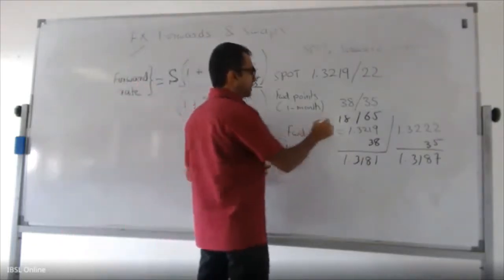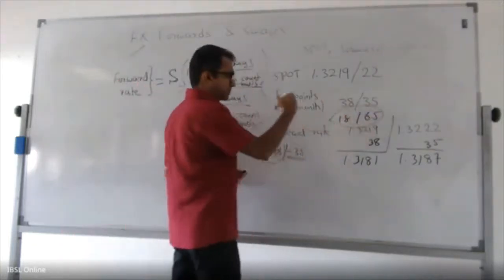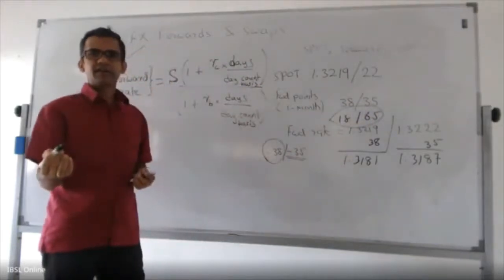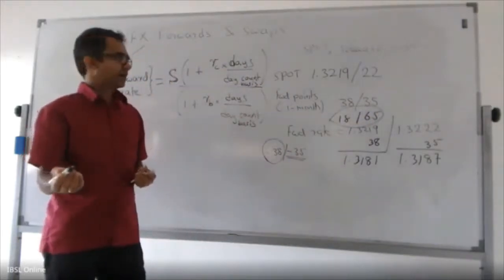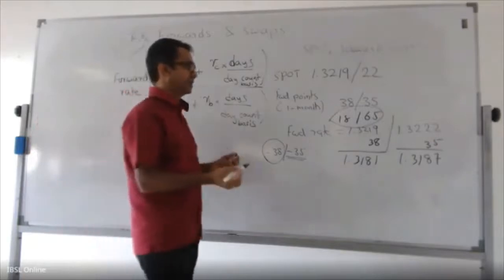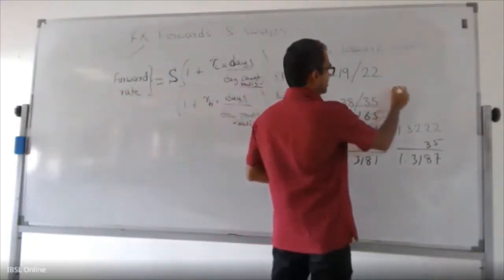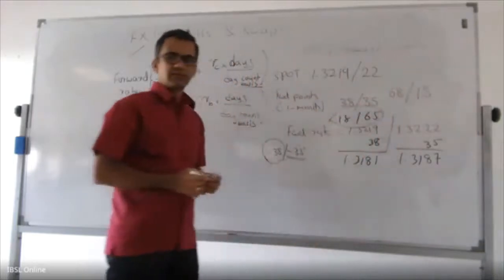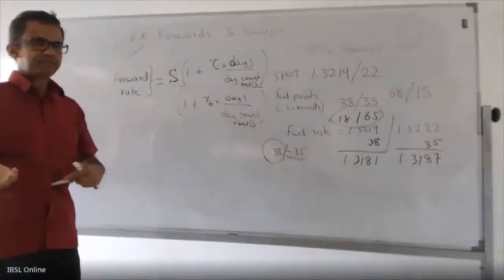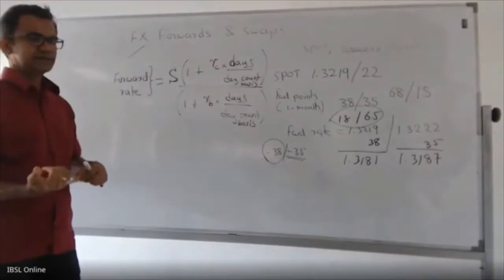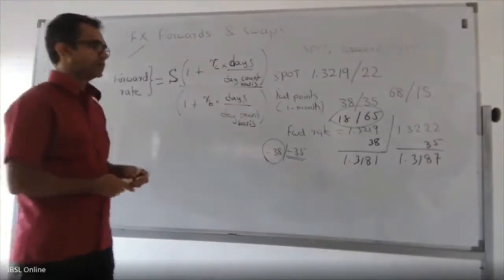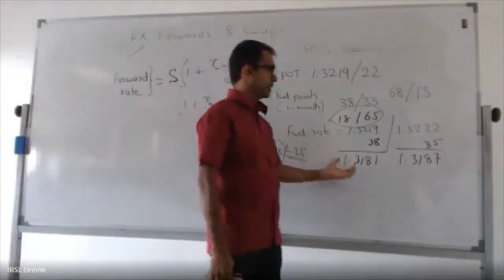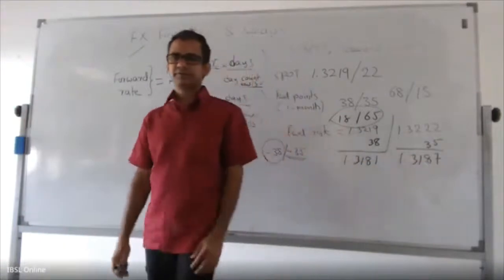Still, you will get a lower bid and a higher offer. If you make it the other way around, 65, 18, then the points are negative. Still, it will give you a lower bid and a higher offer.